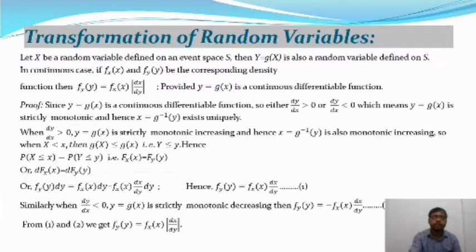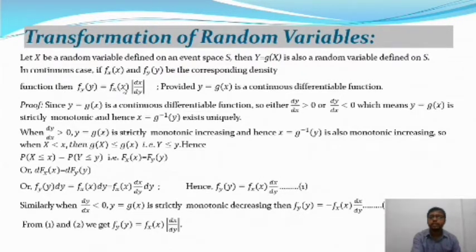In that section, where two variables are present, let capital X be a random variable defined on an event space capital S, where S is the sample space, and let Y is equal to g of X also be a random variable defined on S. So in the continuous case, if f_X(x) and f_Y(y) are the corresponding density functions, both continuous, then f_Y(y) is equal to f_X(x).